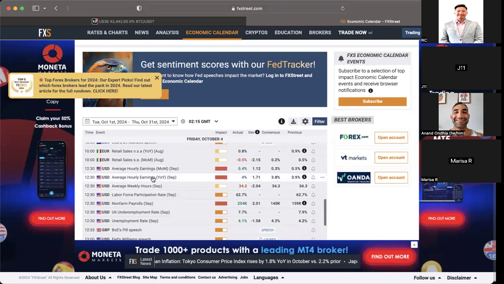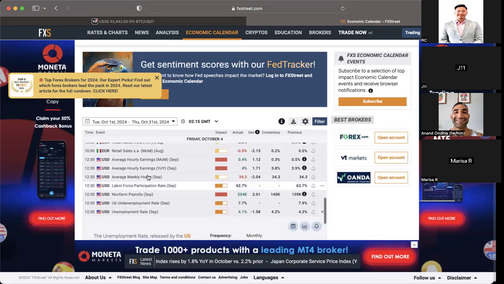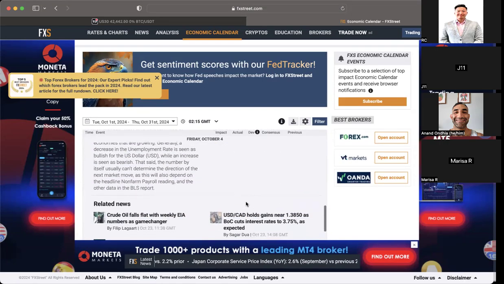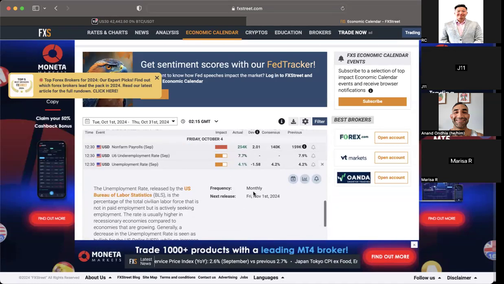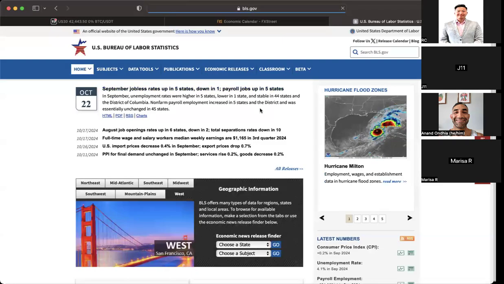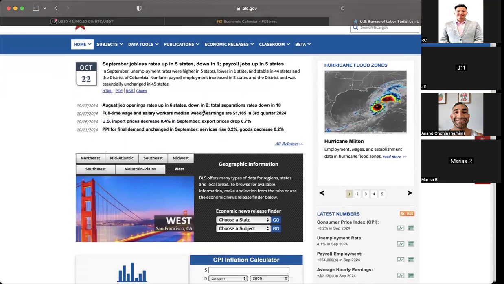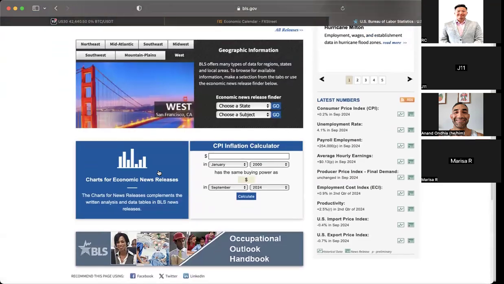So right here, let's click on the article. We've got to look for the sources, the US Bureau of Labor Statistics, the BLS. These are the ones that help measure the employment rate. So where is the report?